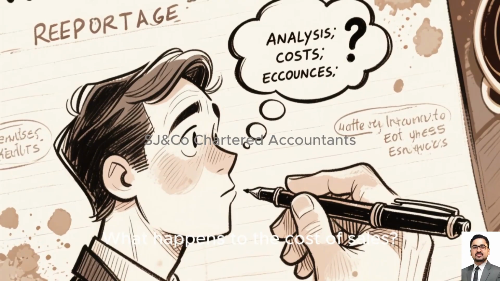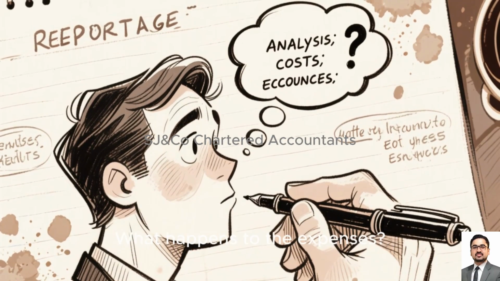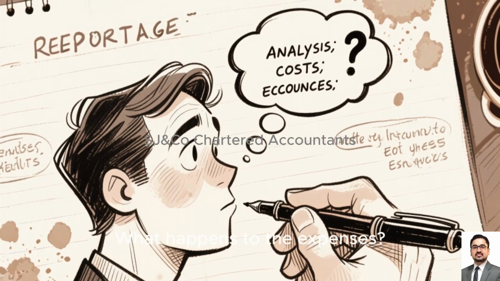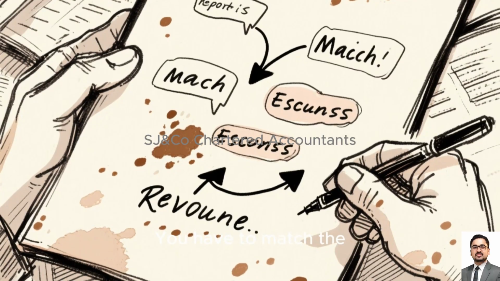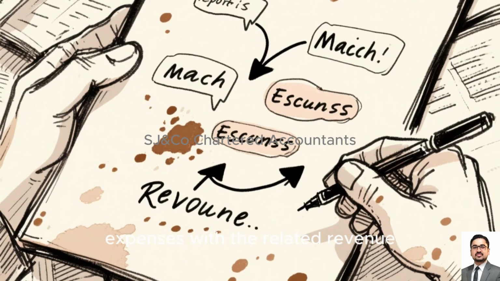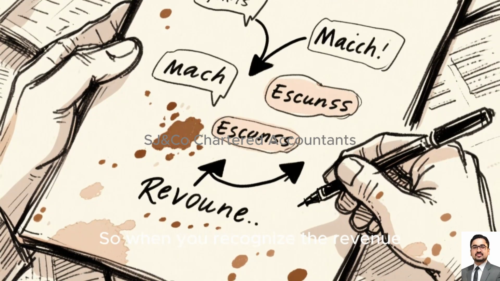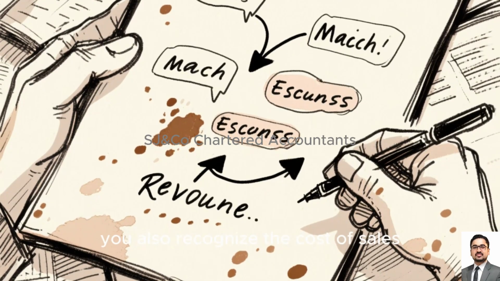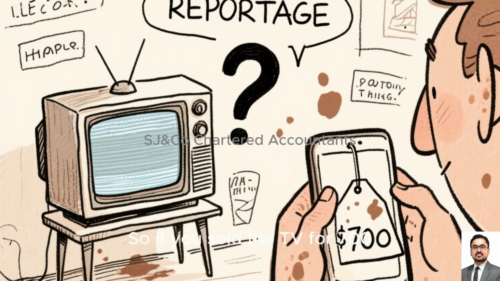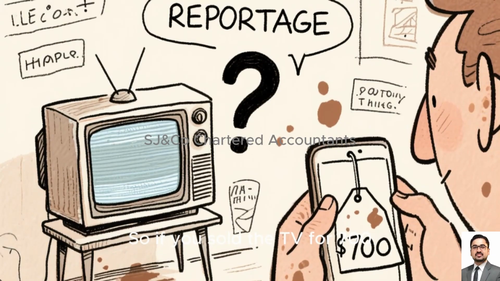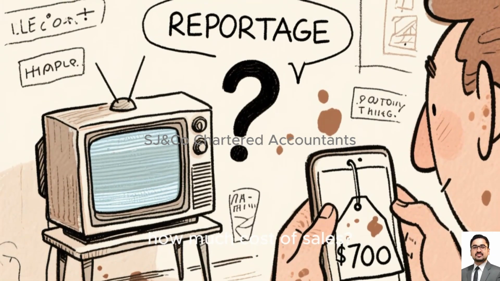What happens to the cost of sales? What happens to the expenses? How do you match them? You have to match the expenses with the related revenue. So when you recognize the revenue, you also recognize the cost of sales. So if you sold the TV for 700, how much cost of sales?